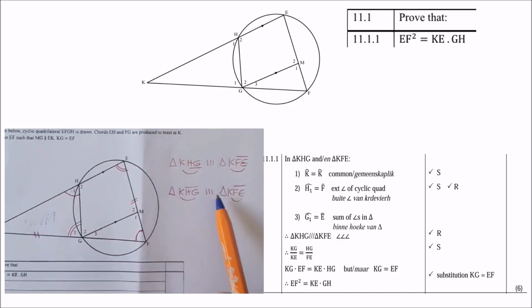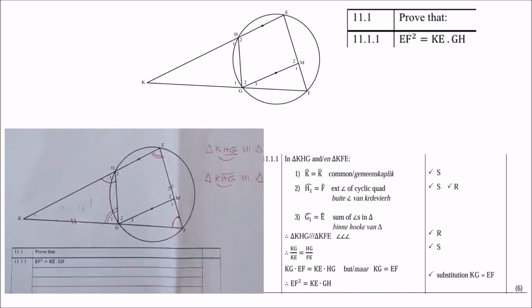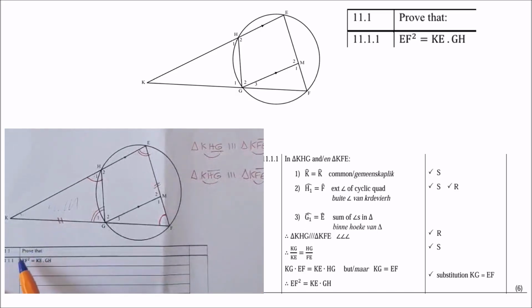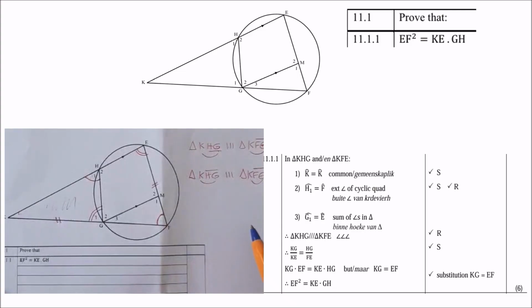And the fact that they are similar, we can now say that KG over KE is equal to HG over FE. I choose those values because I want to prove this, don't forget. Then I cross multiply, and then I can replace KG with EF. And that's how I get EF squared equals KE times GH.